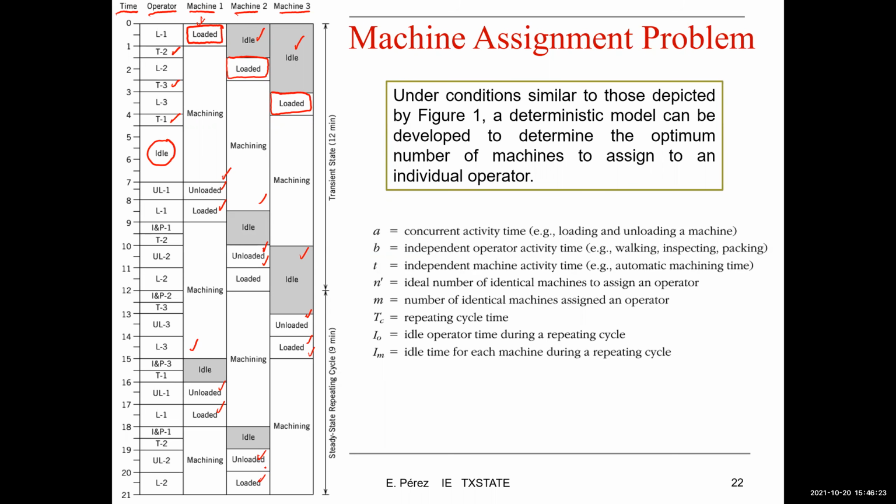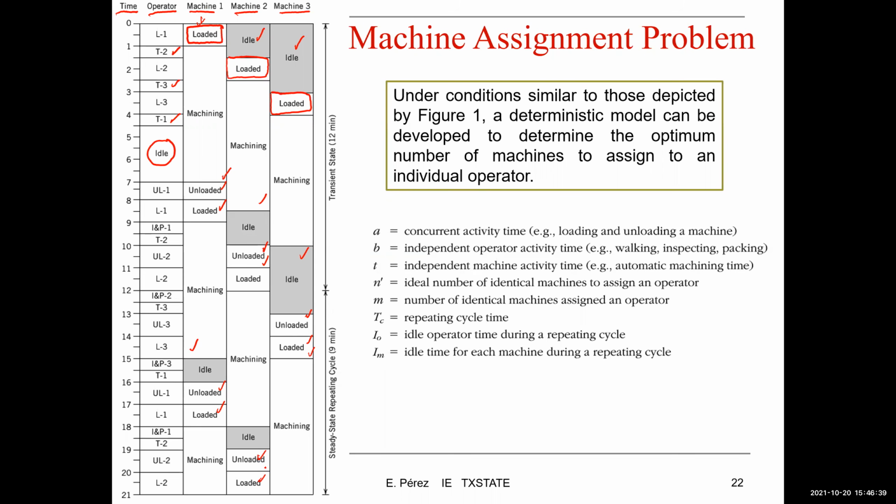So how do you find that balance? This equation that we're going to study today will give us an idea of how many operators should be assigned to each machine.